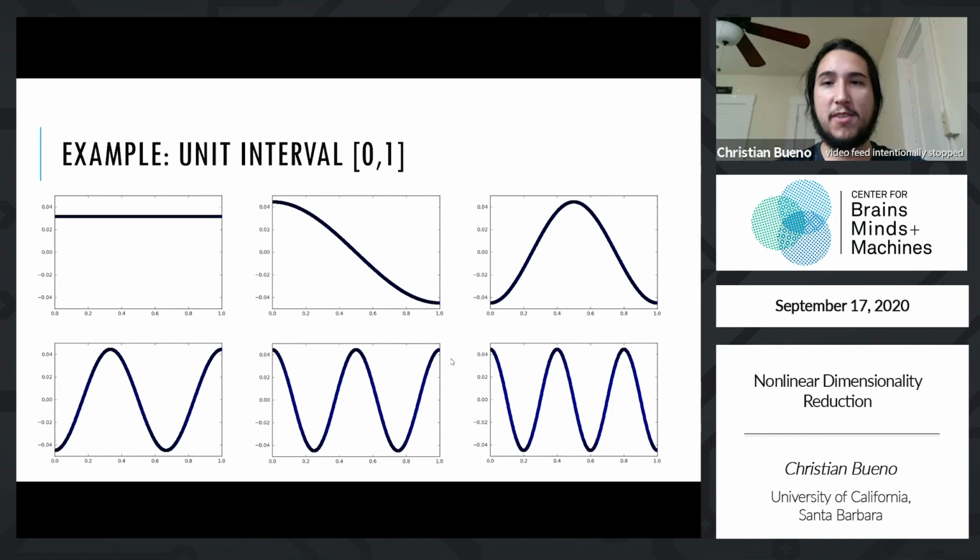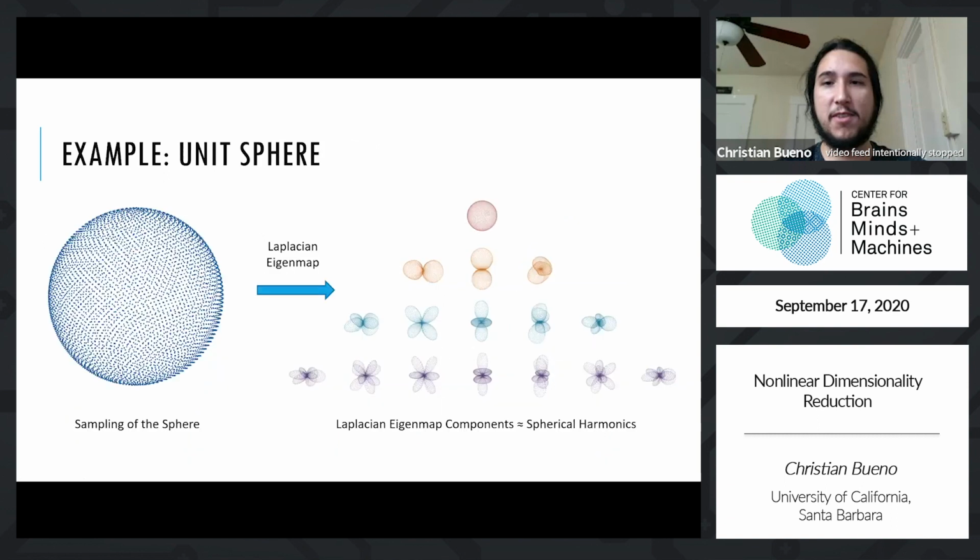If we do another example like the unit sphere, we sample the unit sphere nice and uniformly, and we do Laplacian eigenmaps and look at the eigenvectors, look at what they're telling us. I take the absolute values so it's easier to visualize. Then we can see that these correspond to spherical harmonics. If you ever looked at a quantum book, you would see things like this for the electron orbitals. So that's cool.